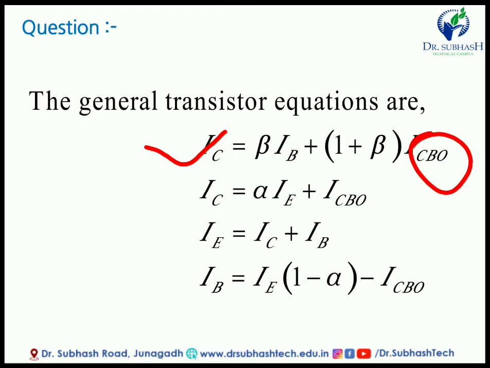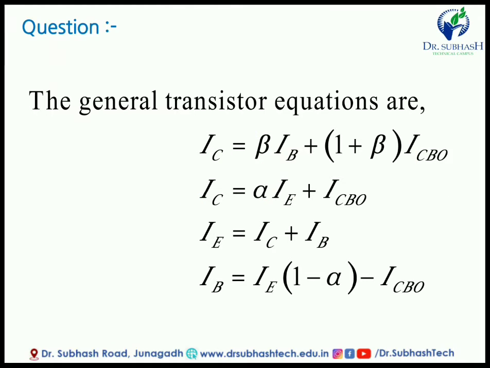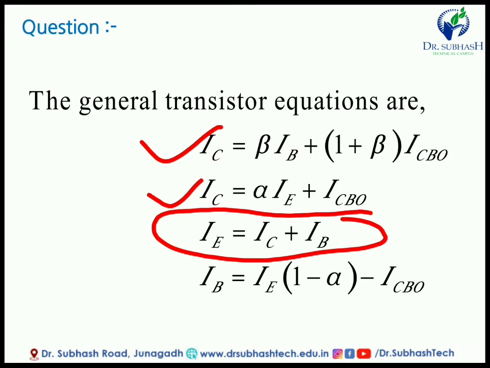So this equation is taken directly from the general transistor equation. This equation is in terms of beta and the other is in terms of alpha: IC is equal to alpha IE plus ICBO. You have to remember these two equations, taken directly from the general transistor equation. This is a very basic equation for the transistor.